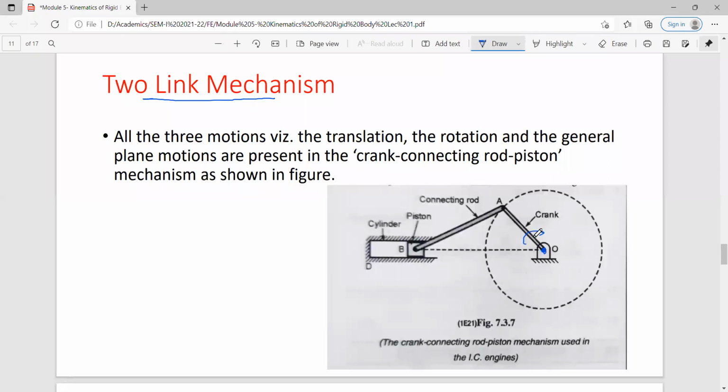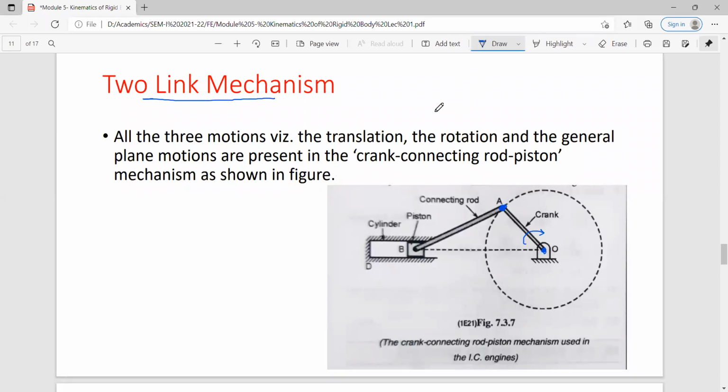ये link ऐसे होता है. Then to this link, one more link, one more rod, is connected, which is known as the connecting rod. And how is the connection between the connecting rod and the crank? They are again pin joined here at point A. So what kind of motion will take place about point A? It will be turning motion.